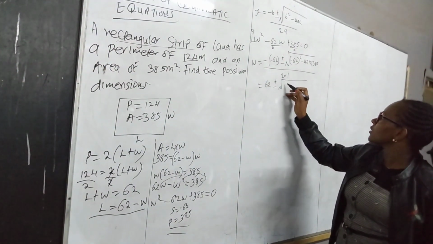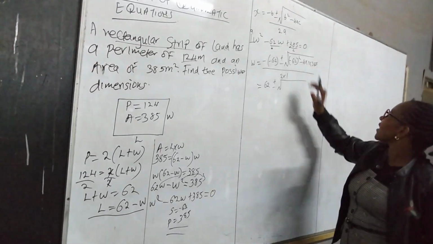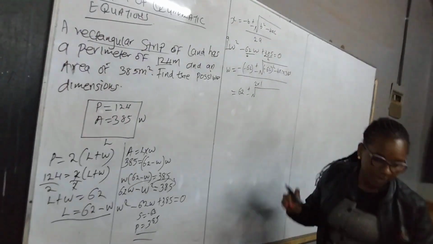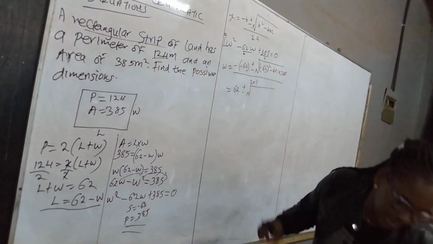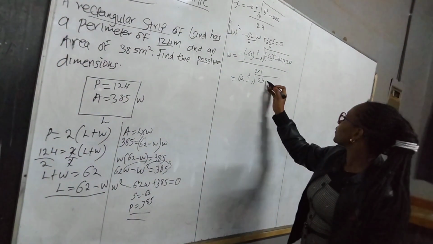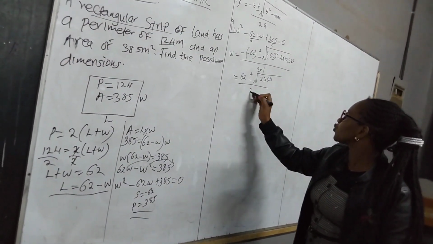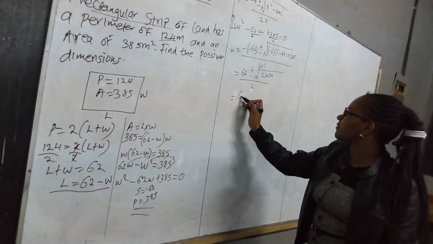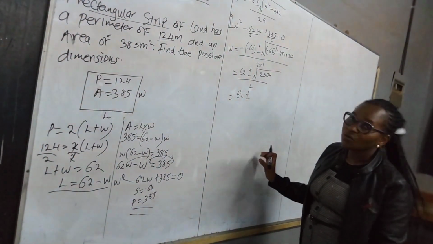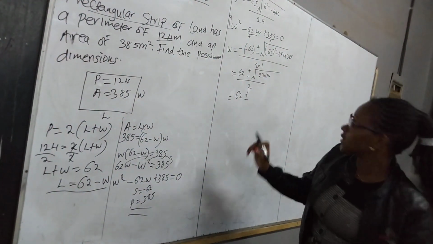We have 62 squared minus 4 times 385, and our answer is the square root of 2304, divided by 2. We come here, we have 62 plus or minus the square root of 2304, which is 48.